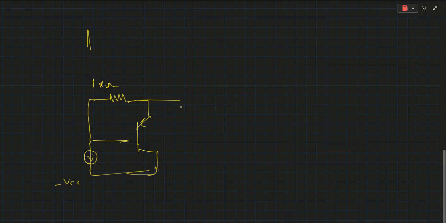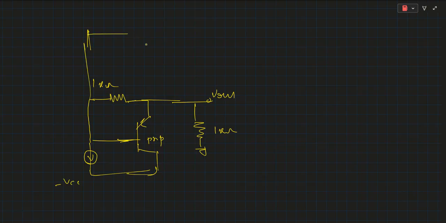This resistor is 1 kilo ohm. This is Vout, and our resistor is connected to this 1 kilo ohm. And this is the PNP transistor. Q1 is off, so we will not show Q1.